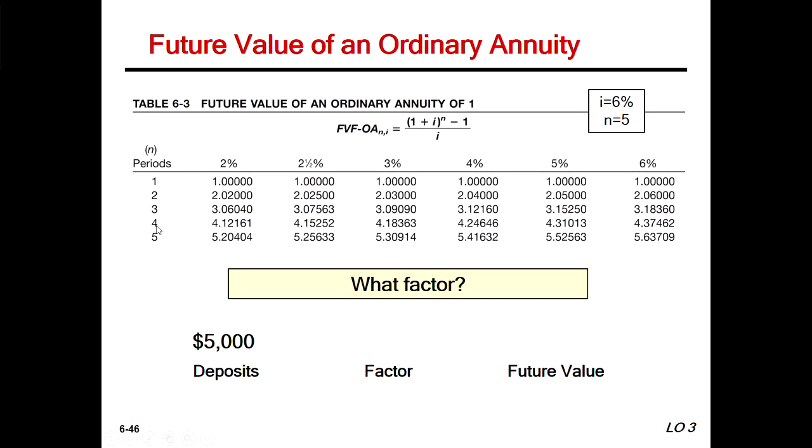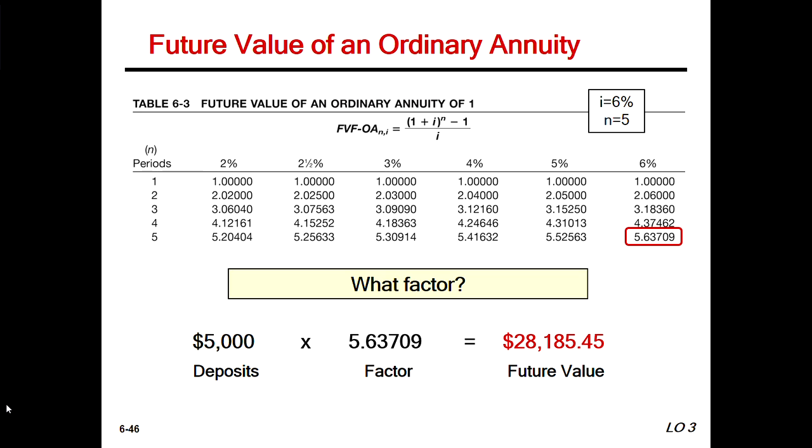We found it at 5 periods, 6%, 5.63709 is what we came up with, for $28,185.45. So that's the future value of an ordinary annuity.